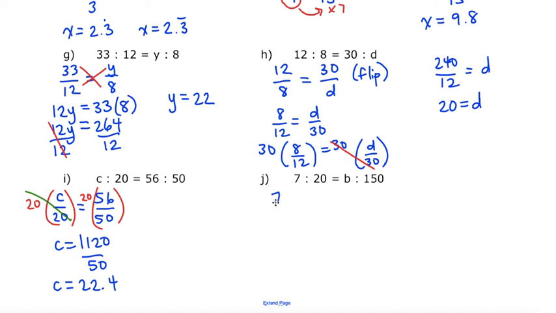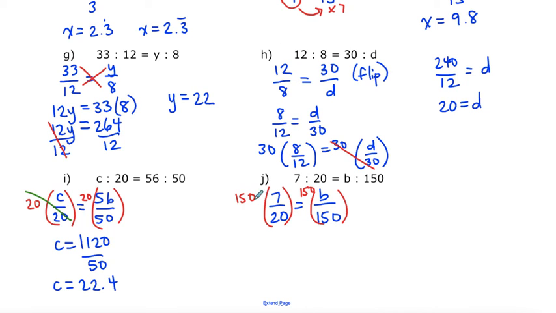And last one, 7 over 20 is equal to B over 150. Again, I want to get my B all by itself. I want to isolate that variable, and I'm going to do that by multiplying both sides by 150. So I'm just going to write that into my original question there.